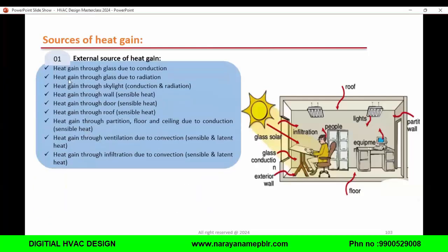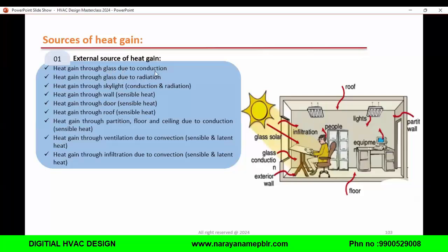So what are the external sources? Like heat gain through glass, through conduction. Modes of heat transfer: what are the 3 modes we learned? Conduction, convection, and radiation. Here, heat gain through conduction. Conduction means if you touch the wall or a glass, you will feel the heat. And through radiation, some heat will also transfer from outside.